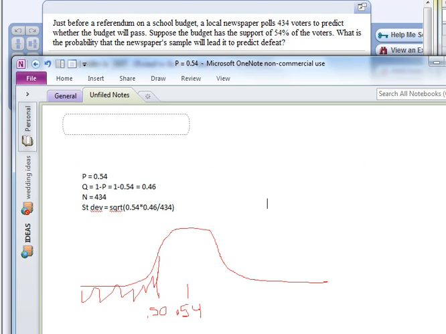You'll do normal CDF, and parenthesis, you're going to do the lower value, which just choose like -1000, comma the upper value, which is the 0.5, comma the mean, which is 0.54, comma the standard deviation, which is the square root of that 0.54 times 0.46 divided by 434, and then you'll close that parenthesis and then close the parenthesis. And on your calculator, if you do that, you should get 0.047 rounded to 3 decimal places.